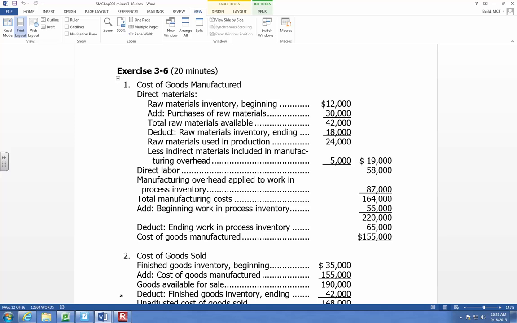Overhead. So what am I really saying? That the raw materials account has what kinds of materials in it? Both, right? So if I'm trying to back into direct materials that went into my production this month, I can't include indirect materials because they're a part of my overhead. Does that make sense?